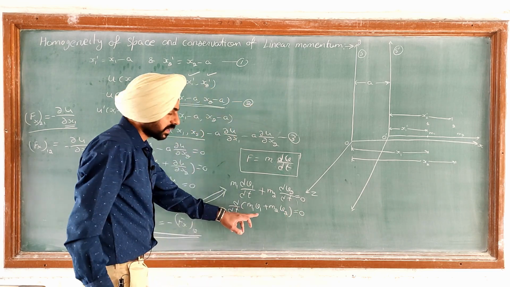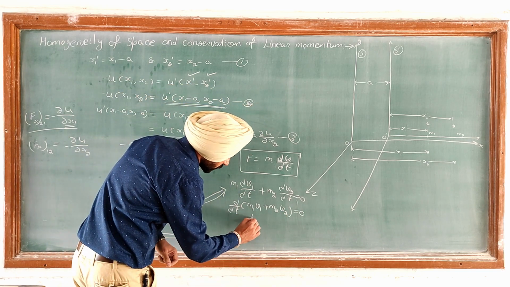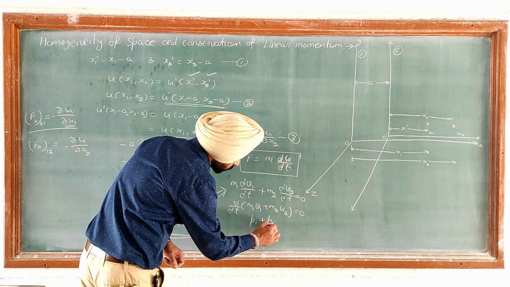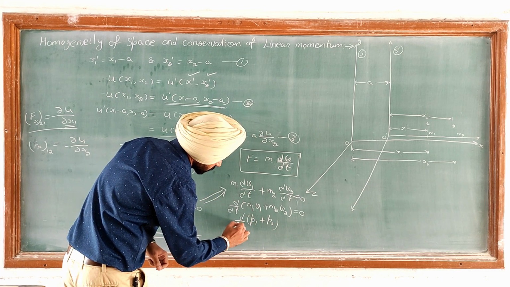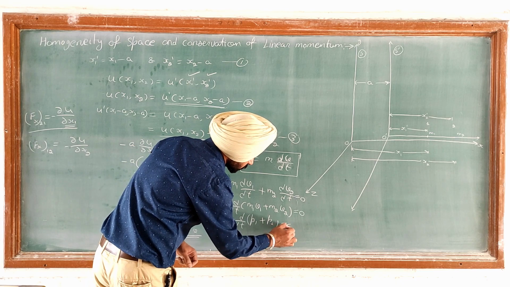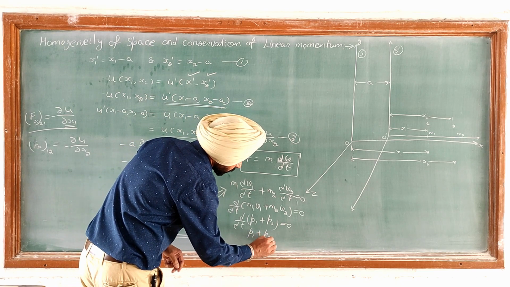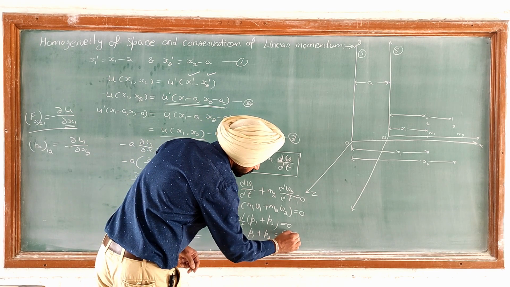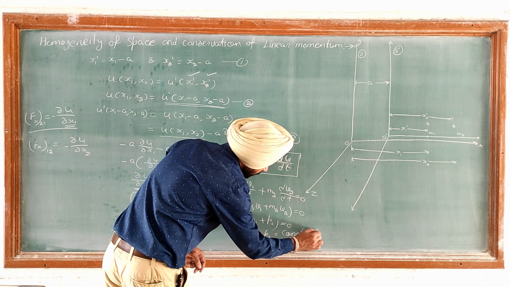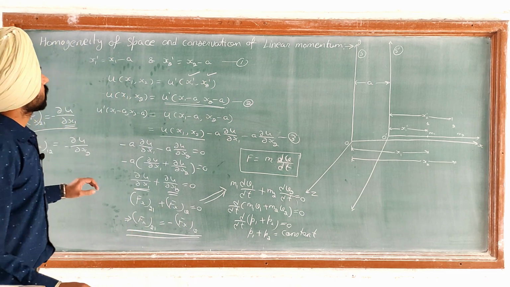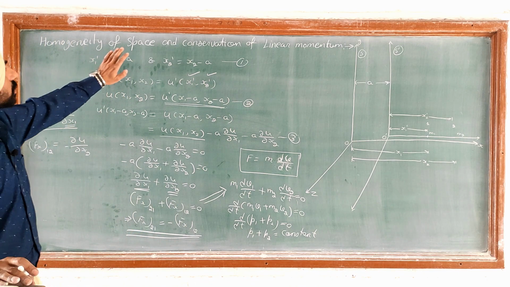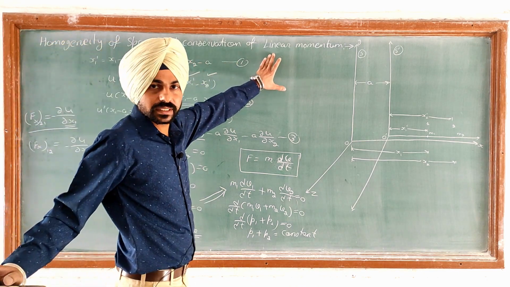So m1 v1 is linear momentum p1, plus p2. The rate of change of this linear momentum is 0. So this is 0 only if p1 plus p2 is equal to a constant. What was the title of this article? Homogeneity of space and conservation of linear momentum.